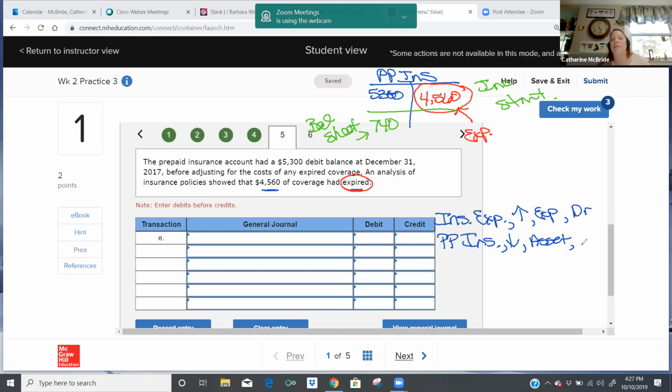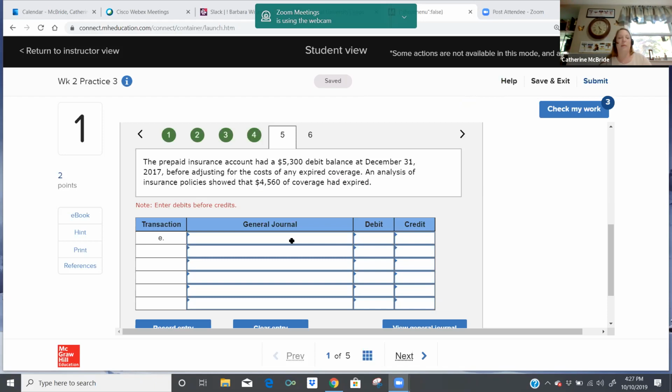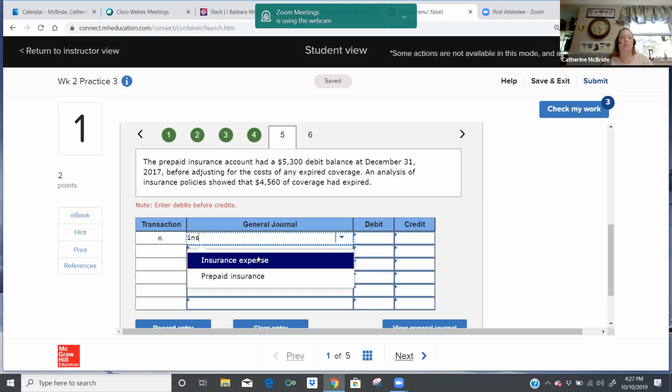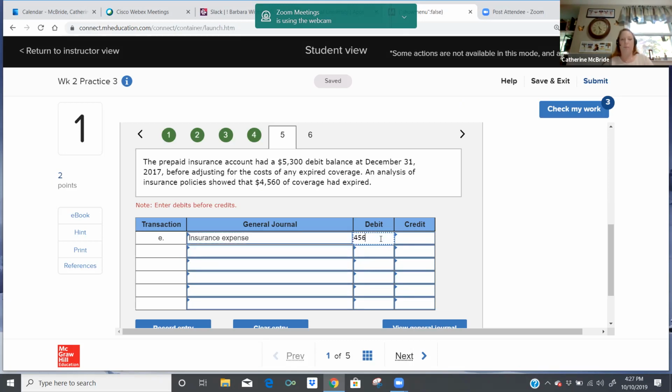Debit. If I decrease an asset, do I debit it or credit it? The other way to know this is that's what you just did here. So I'm going to debit insurance expense and credit prepaid insurance for 4,560.